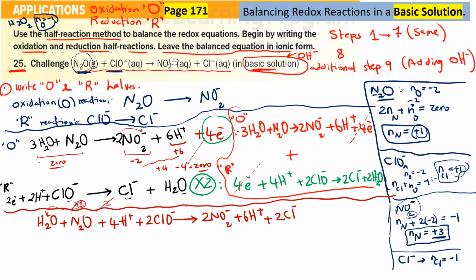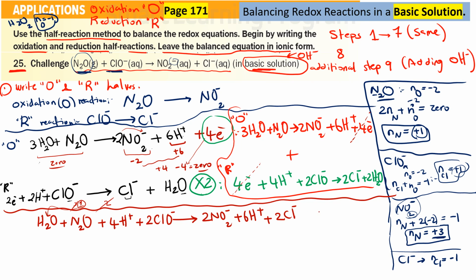No, it's all good. I have 2 in here, 2 in here, 4 here. I have 6 H's, 6 H's here. I have 2Cl, 2Cl. I have 4 O's, 4 O's. Yeah, and the charges are -1, +4 is +3, and here it is 2, +3.